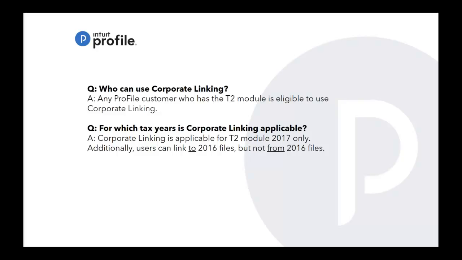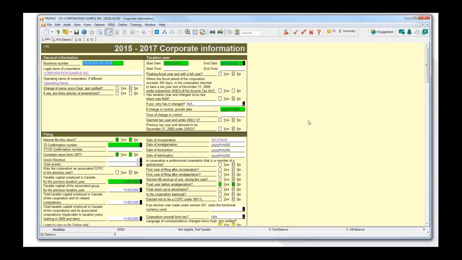So what I would suggest is, if you have a file, I'm just going to bring up Profile here, and if you notice that on the information page, this says 2014 to 2016, for example, just make sure that you update or open this file in the next module.